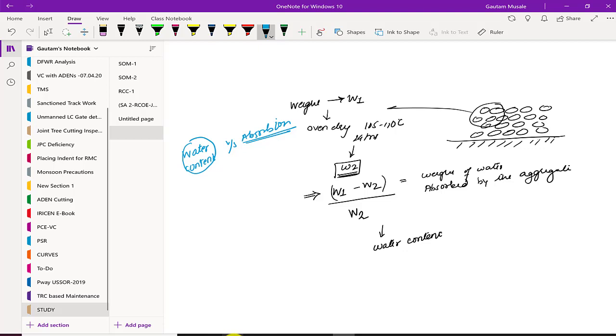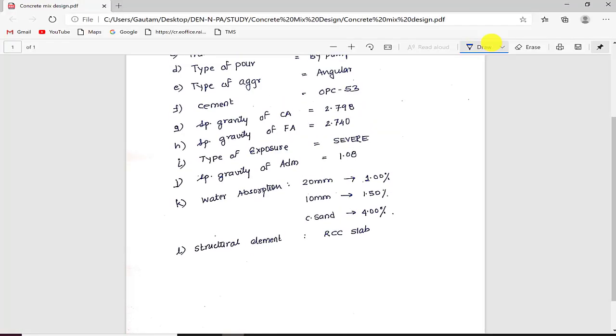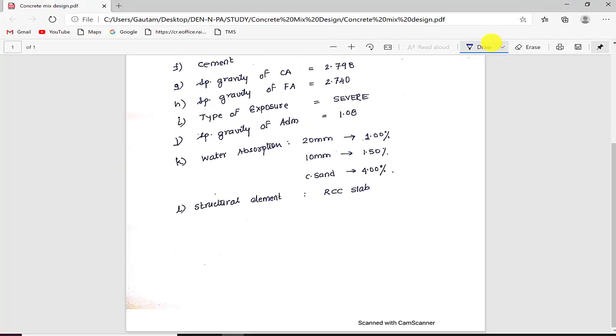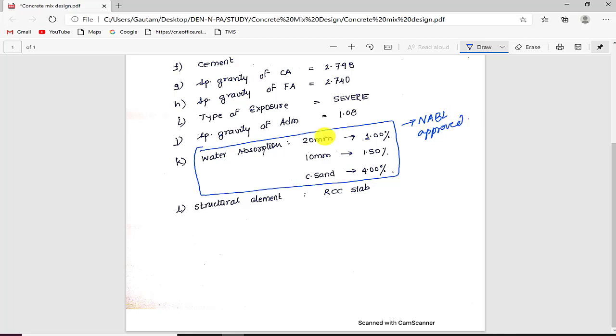If you carefully see the data reflected in my last video, the water absorption given over there was derived when I gave my sample to a NABL approved lab, and the NABL approved lab gave me these values for 20 mm as 1%, 1.5% and 4%.